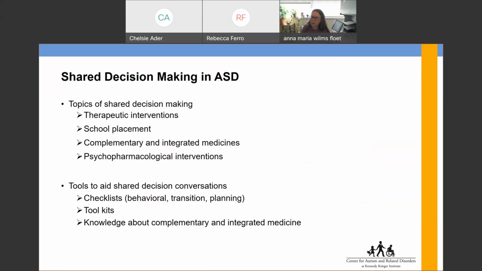And this can pertain to medicine. It could pertain to treatment. It could pertain to something like school placement. And what I found really important to make room for is discussion on complementary and integrated medicines. There are many, many toolkits out there that help us with how do we engage in shared decision-making conversations. If you have a need for those, we can support you in finding them.